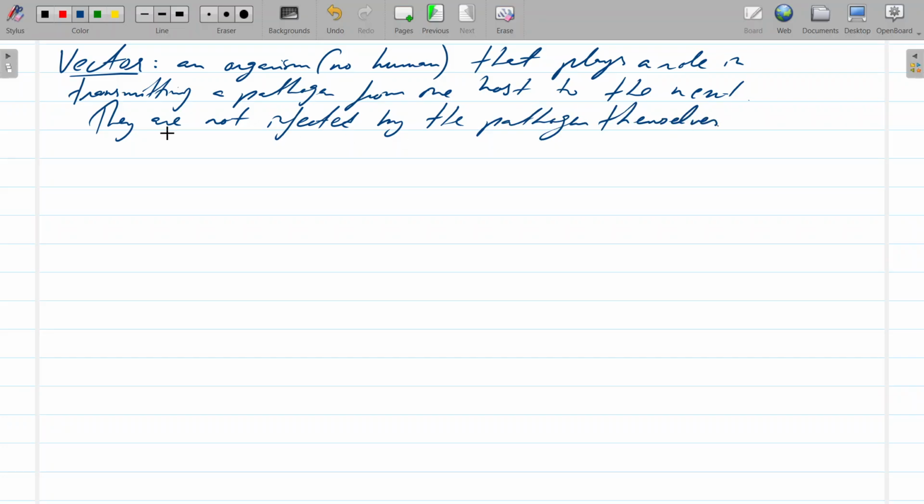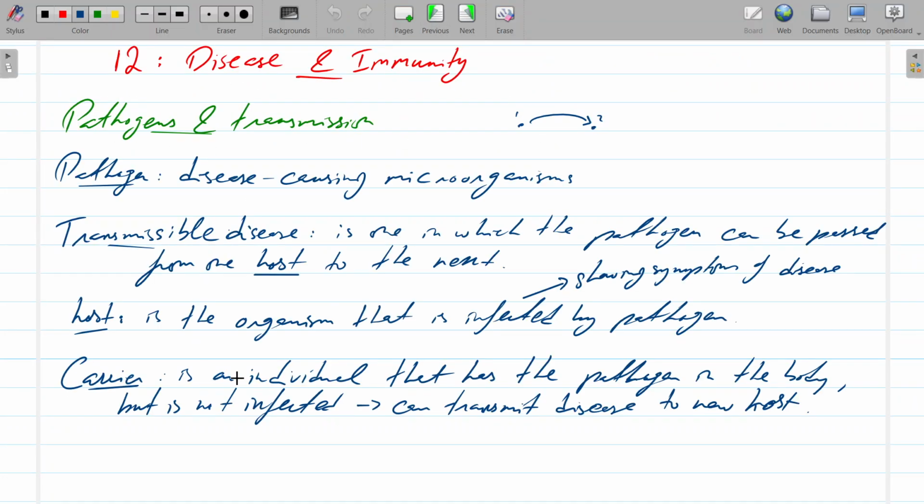Okay, now how is a vector different from a carrier? A carrier can be infected, but they're not showing it. So for example, people around me have the cold, they've got the influenza.